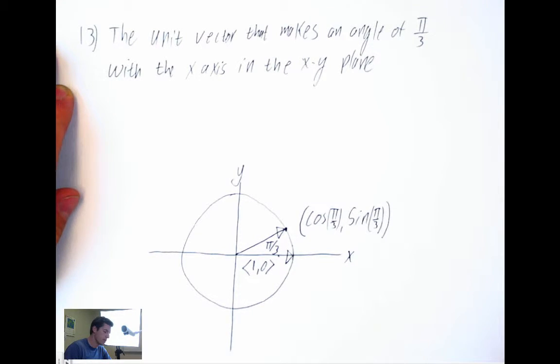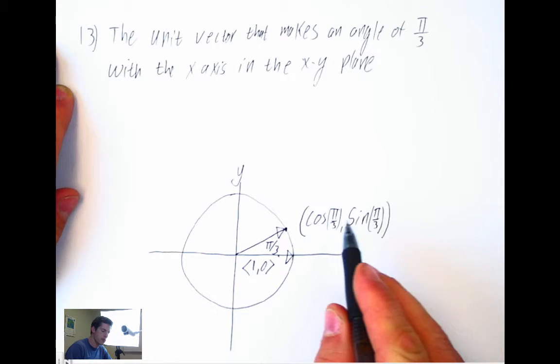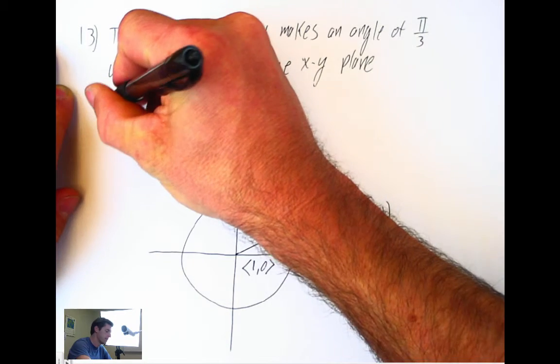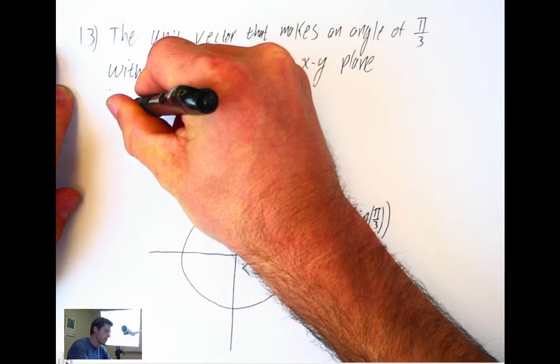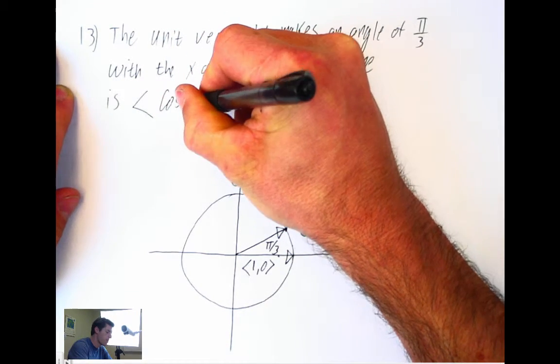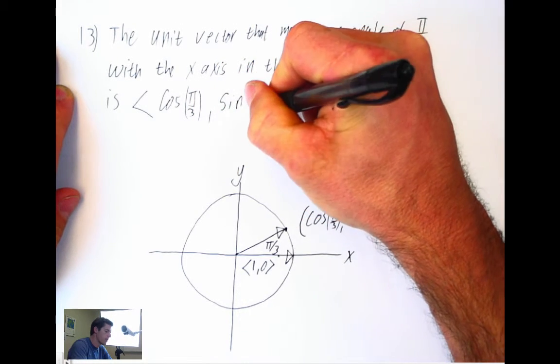Okay, so that is to say that the vector that we're looking for is not this object, remember, because these are rounded brackets, that's describing a point. We'd use that for vectors. Cosine of pi over 3 in the first component and sine of pi over 3 in the second component.